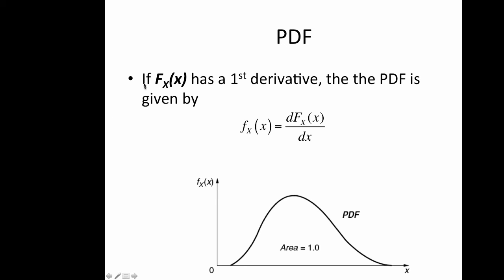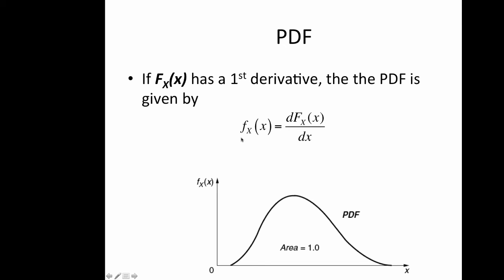Now, if our CDF, F sub x of x, has a first derivative, then we can go in the other direction as well. We can get from the CDF to the PDF. We simply take the first derivative of the CDF.